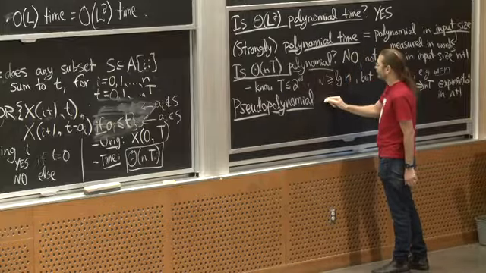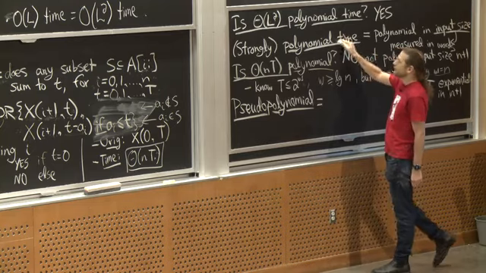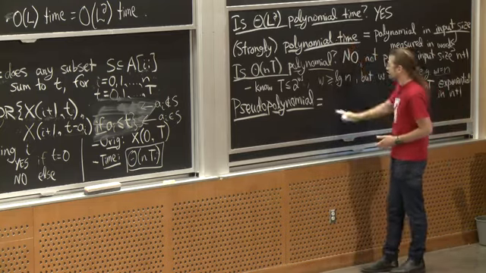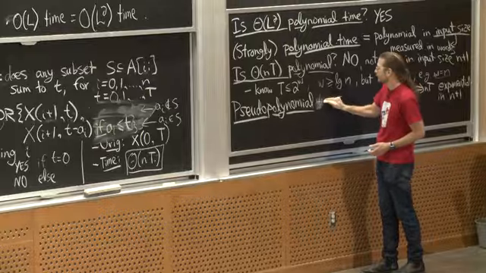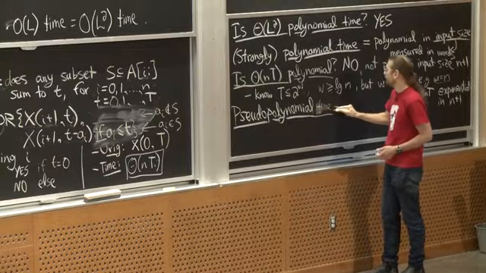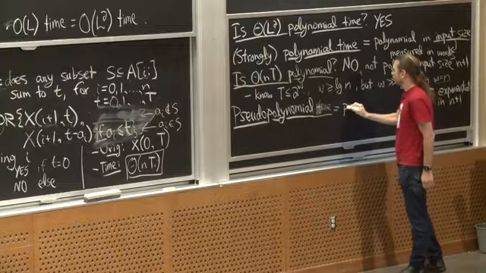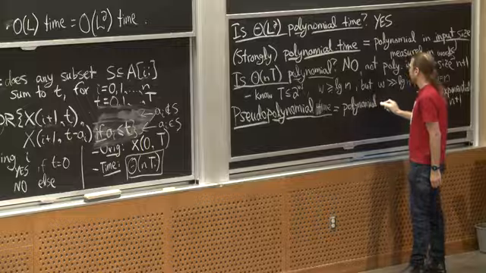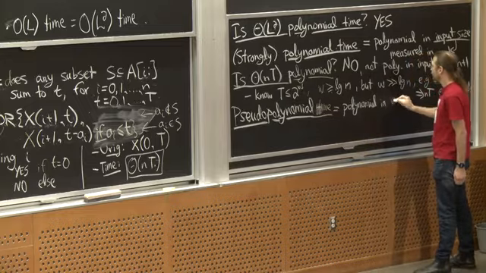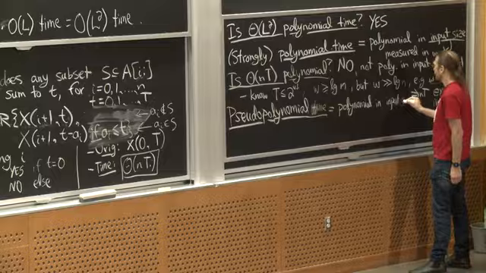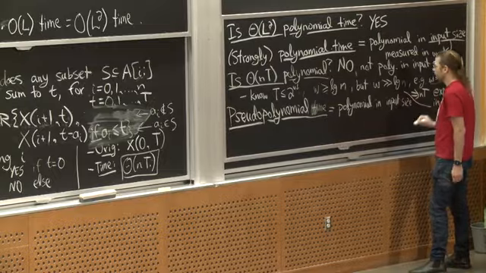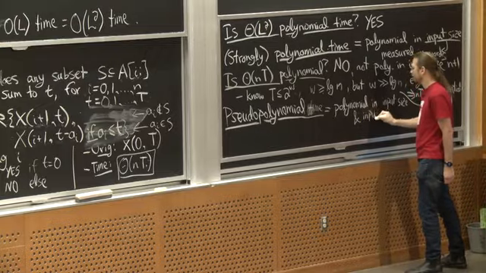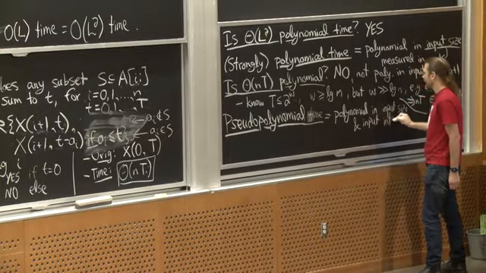And the definition of this term, so we had the definition of strongly polynomial time. Now, pseudopolynomial time, so you can measure other things with pseudopolynomial, is that we're polynomial in the input size, just like before, and the input numbers, input integers.